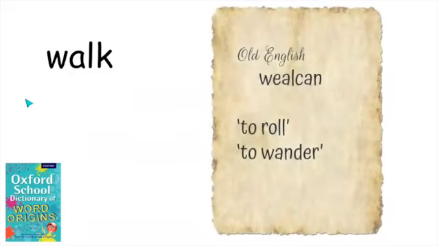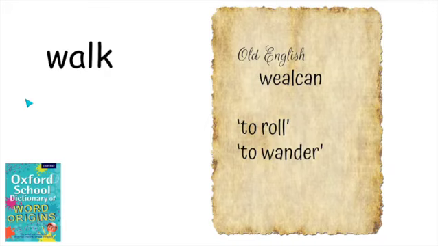When we look at the word walk, we are turning to the Oxford School Dictionary of Word Origins to understand why that L is hanging out inside of the word walk. And what we discover is in Old English, this word was actually different. And I don't speak Old English, but you can see here in Wilken that there is an L in this word right here.